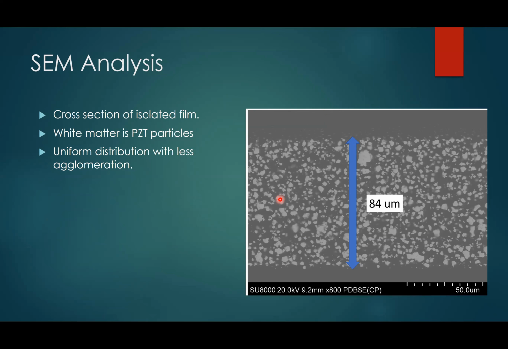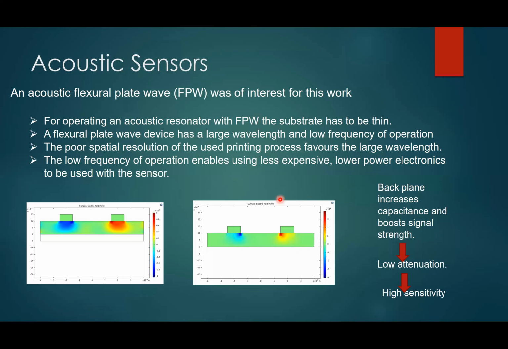Also, the Young's modulus of the 28 volume percentage PZT film was way smaller than PVDF, which shows that it has much better flexibility than PVDF. Once we have the film, we wanted to design our sensor on it. Something I didn't mention here is that these films are hydrophobic.